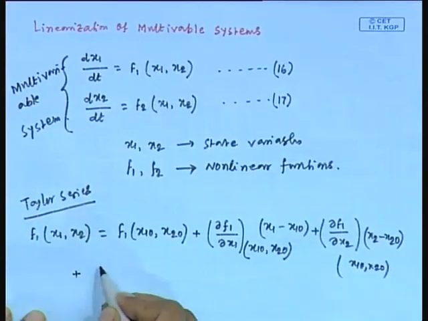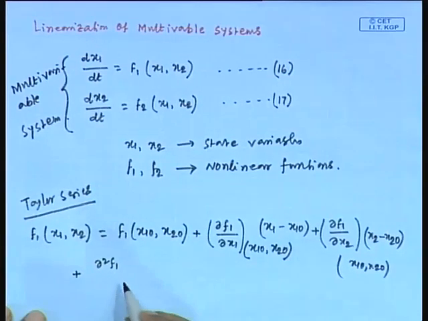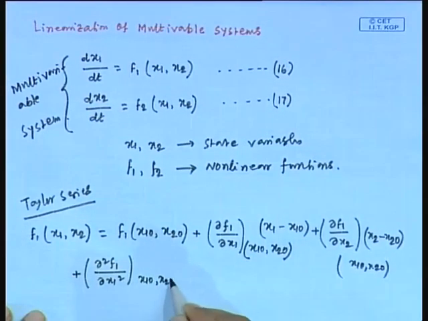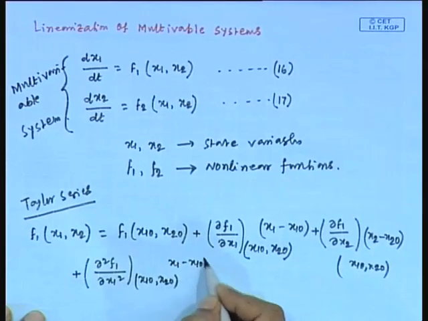Next we write the second derivative, del squared f1 by del x1 squared at the operating point x1 naught, x2 naught, multiplied by x1 minus x1 naught whole square, divided by factorial 2.